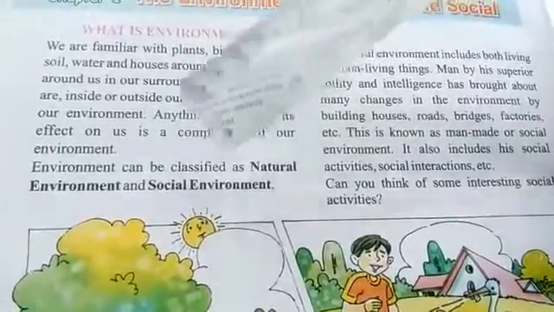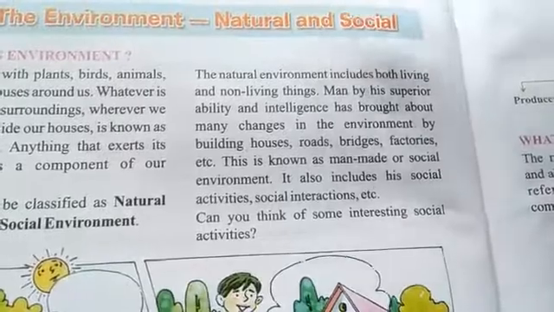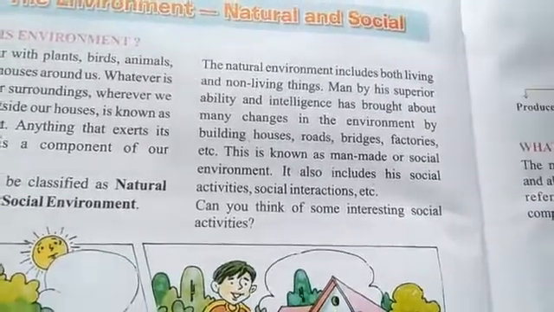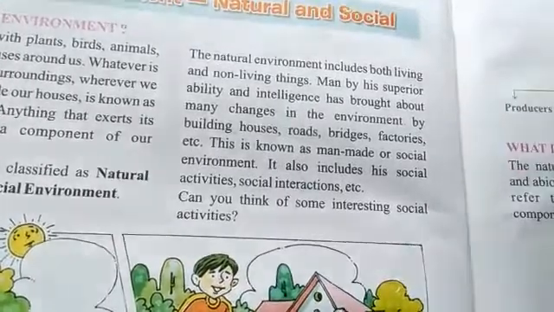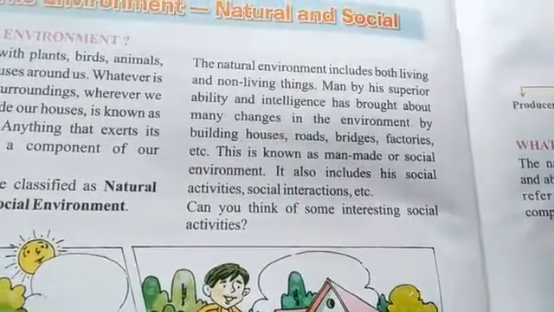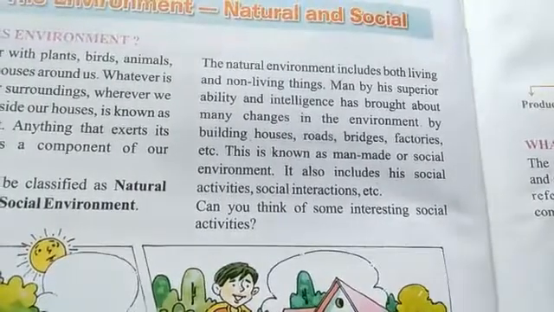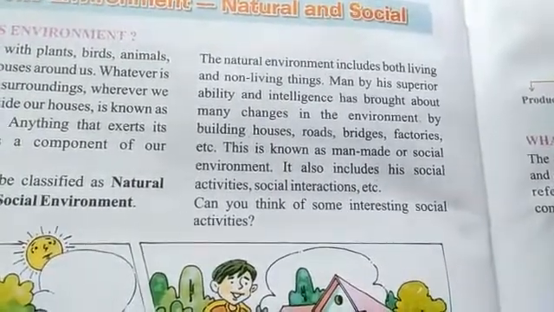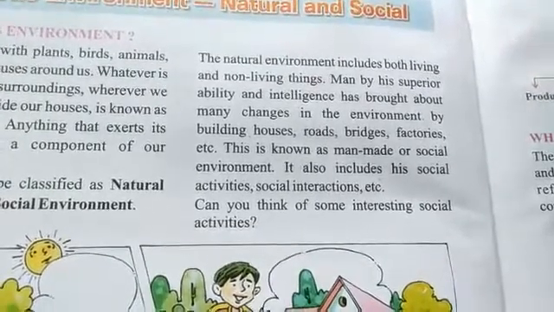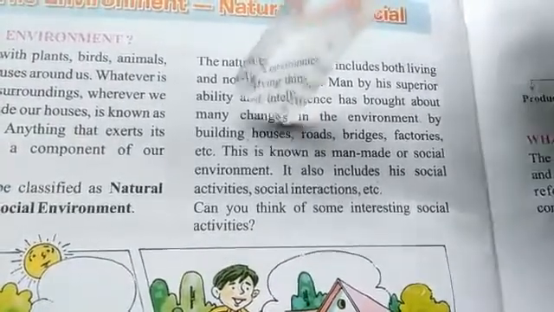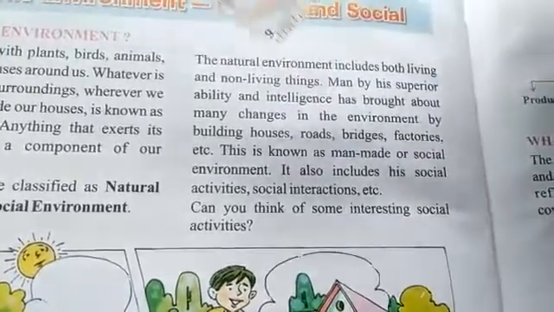Natural and social environment. So the natural environment consists of both living as well as non-living things. Human being, by his superior ability and intelligence, has brought many changes in the environment, like building houses, roads, bridges, factories and many other things.